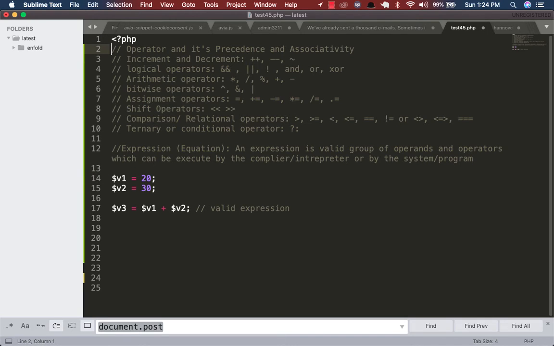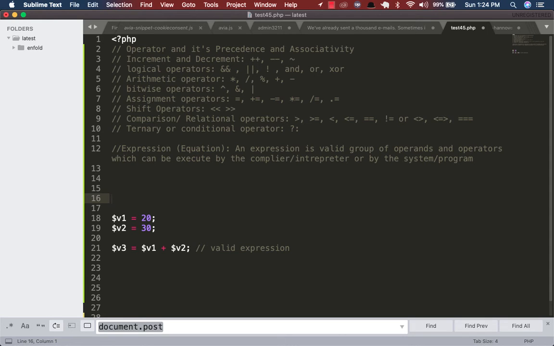So these are the operators, and now we will talk about their precedence. As we all learned in school, the Bodmas rule.